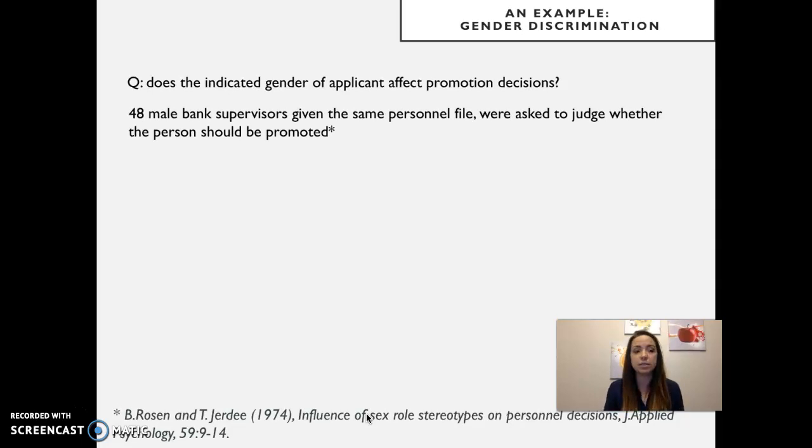So first, the method. 48 male bank supervisors were given the same personnel file. So everything in the file was identical for all of the 48 male bank supervisors. And they were asked to judge whether the person should be promoted. With one caveat.